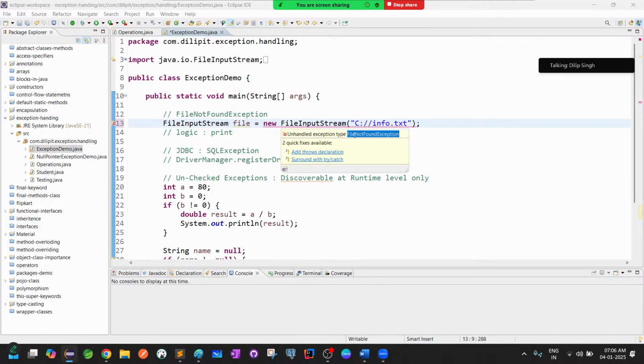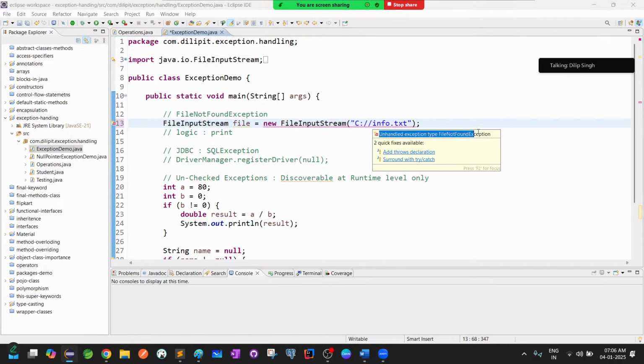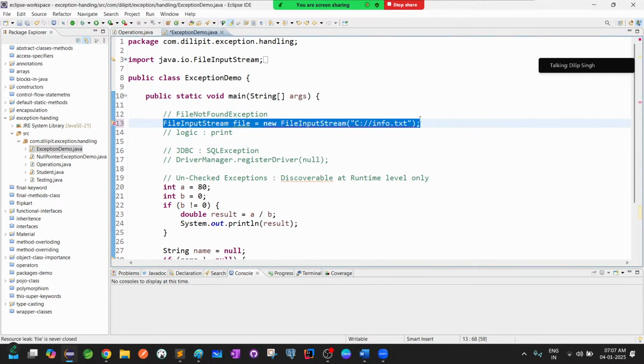The compiler identified this exception, like the compiler is saying there is a probability of getting a FileNotFoundException because you are doing a file operation. So it is saying handle the exception, and you have to handle it using either try catch or the throws option. But this exception comes at compile time.